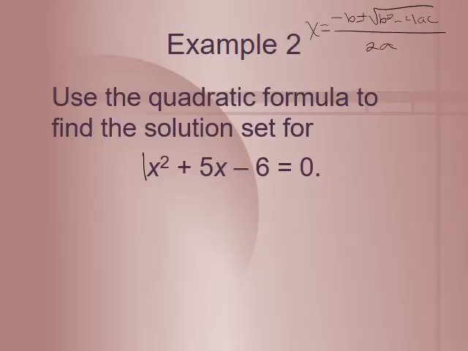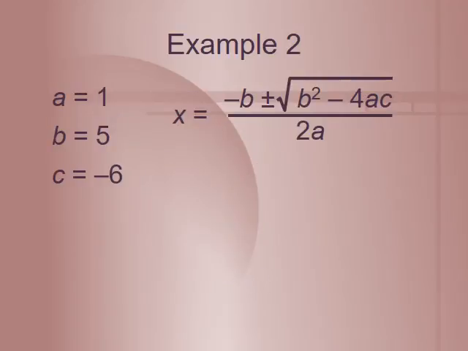So if we use our quadratic equation, this is our A, this is our B, and this is our C, we can plug everything into this formula and we can solve it. And our A equals 1, our B equals 5, and our C equals negative 6. So let's continue working this.